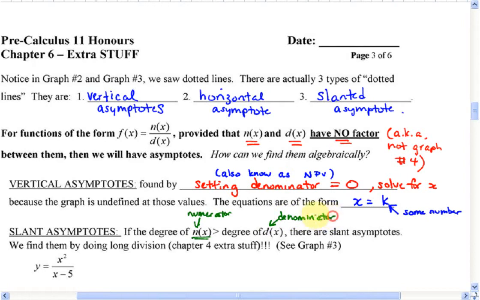And that was the example in graph number 3. If you look back on page 2, graph number 3 had x squared on the top and x minus 5 on the bottom. And to figure out the equation of the slanted asymptote, we're going to use something we learned back in chapter 4, not chapter 4 of the textbook, but chapter 4 of the extra stuff that I showed you. Remember long division?